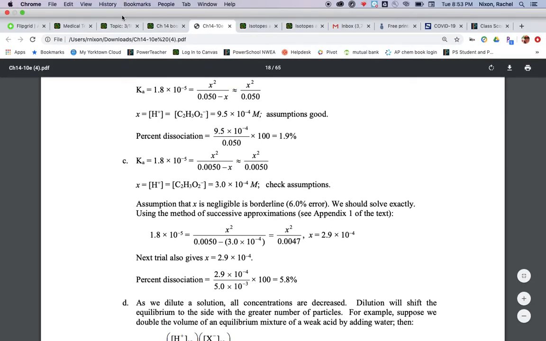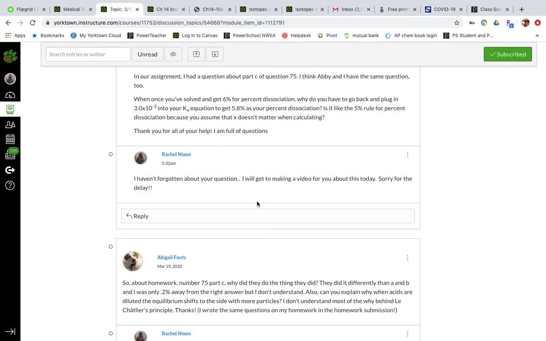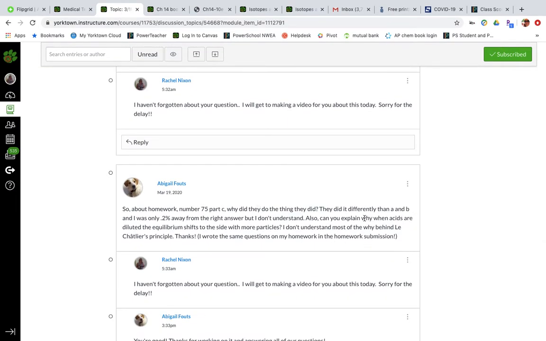All right, the other question, Abby, that I believe that you had is this part down here about why when acids are diluted, the equilibrium shifts to the side with more particles. The best advice that I can give to you is this is really similar to changing the volume of a system and it's shifting towards more gas particles.